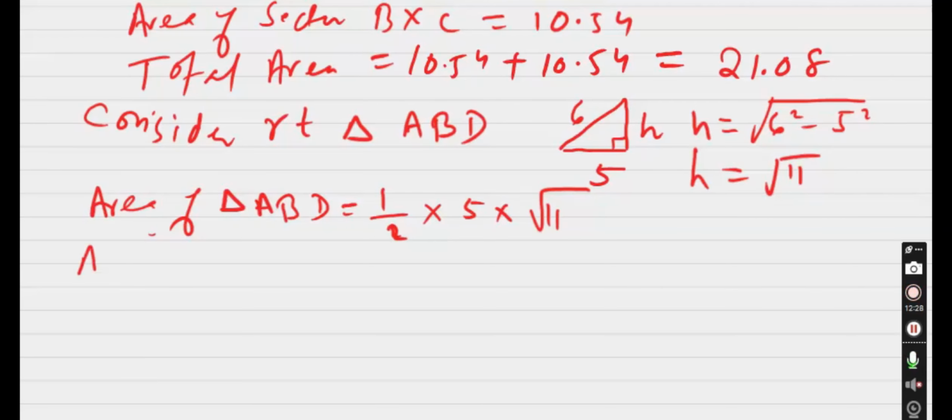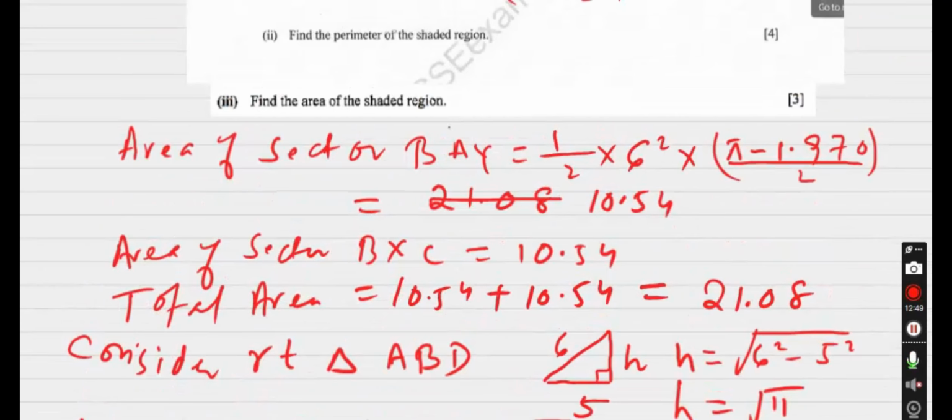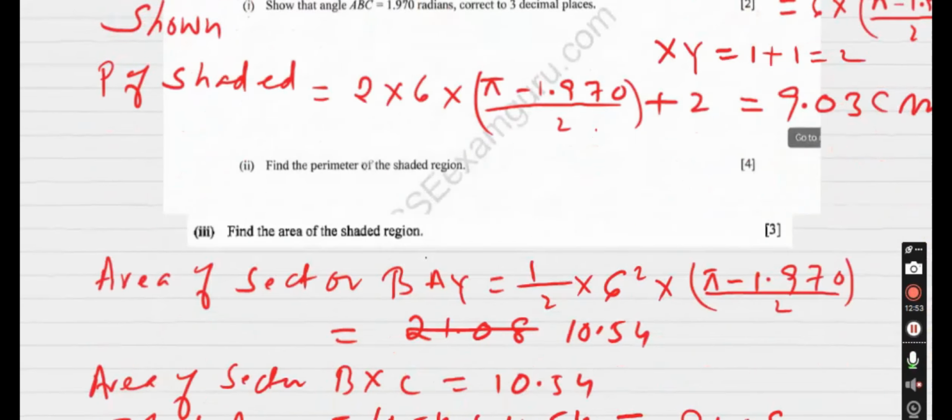So area of triangle ADC is also equal to half into 5 into root 11. Total area is 5 into root 11. So this 5 into root 11 represents the area of the unshaded region.